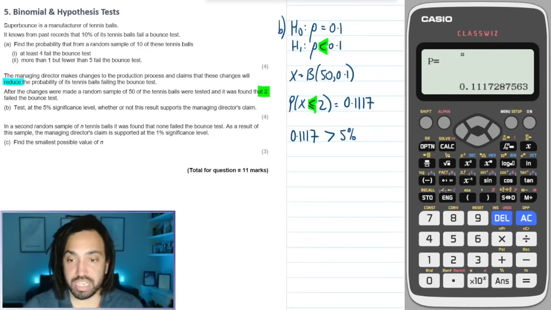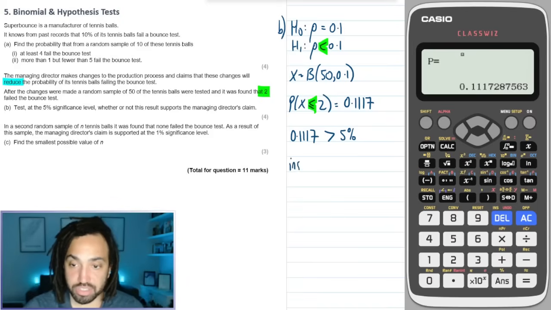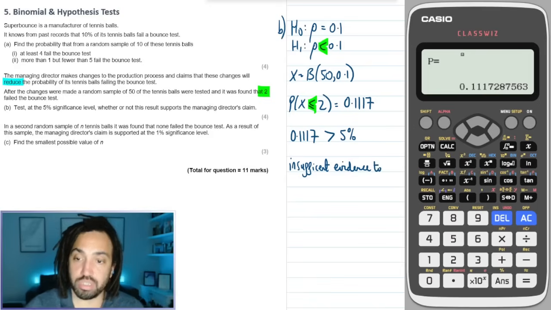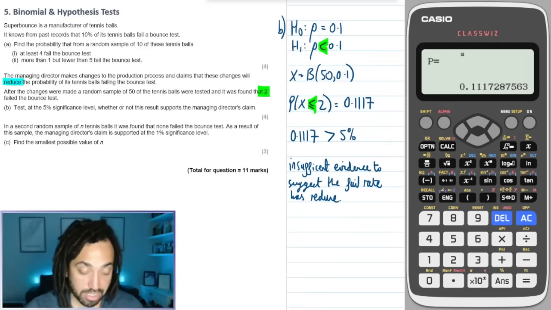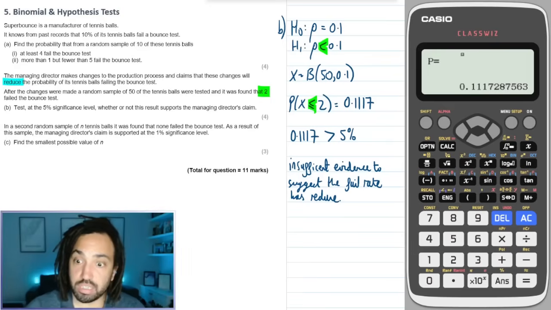So therefore we say that there is insufficient evidence to suggest the failure rate has reduced. So we always have to put a bit of context in. So therefore, that is the same as saying that we will not reject H0.